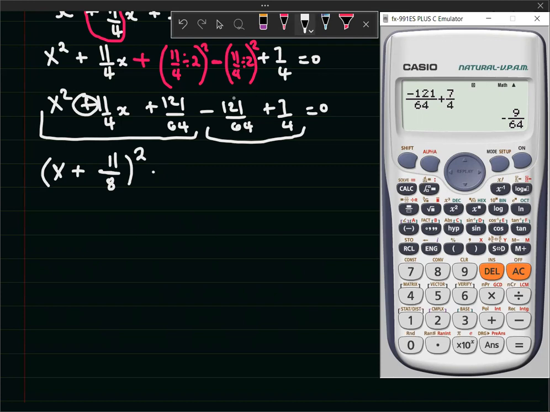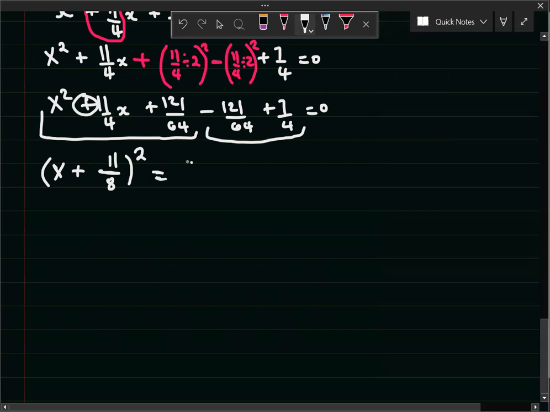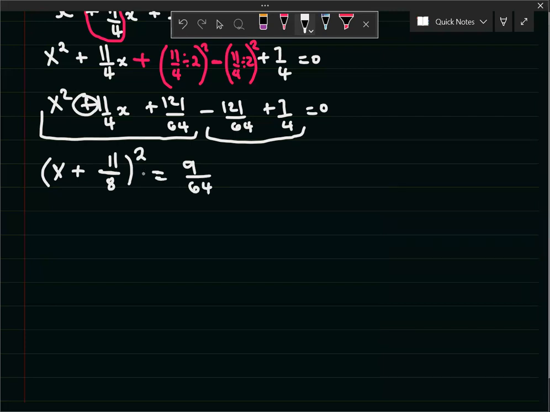But it's negative when it's on this side. I want it to go to this side of the equation. So it's going to be positive 9 over 64. Remember, it was negative when it was still here, but I moved it to this side, so it's positive.